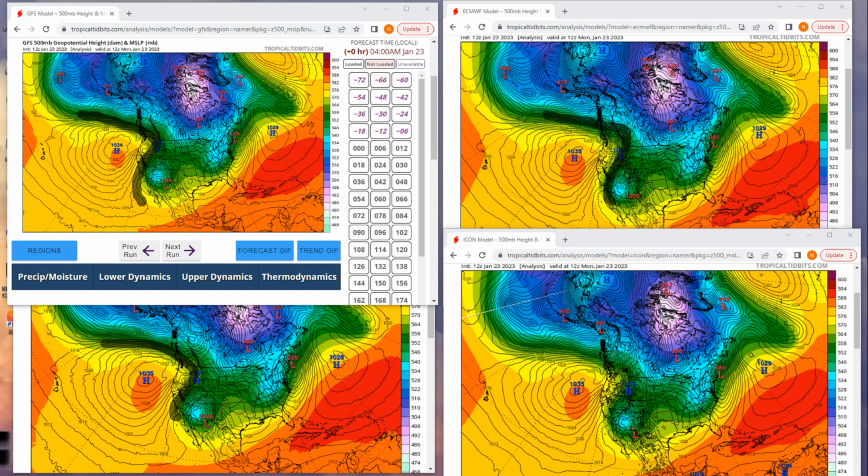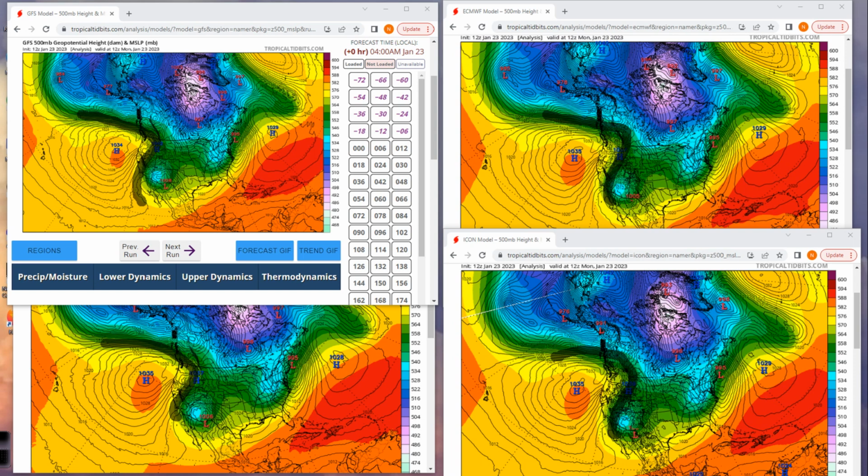The lower left is the Canadian model, and the lower right is actually a model from Germany. It's called the Icon model. And I'm putting it on here because it also goes out about 180 hours. The European and the Canadian go about 240 hours, 10 days, and the U.S. model goes out 16 days, 384 hours.